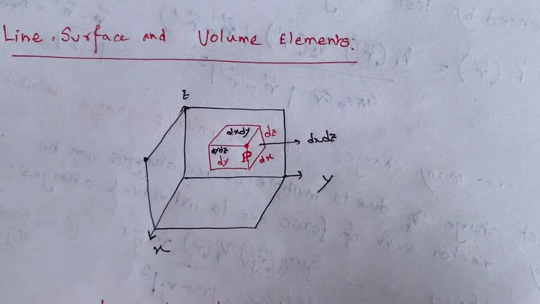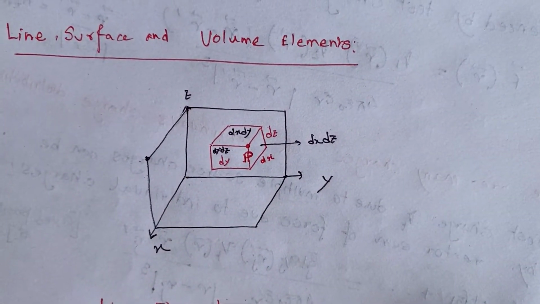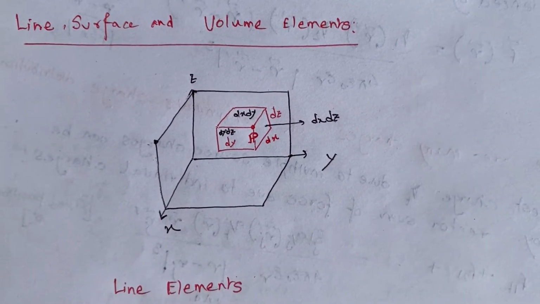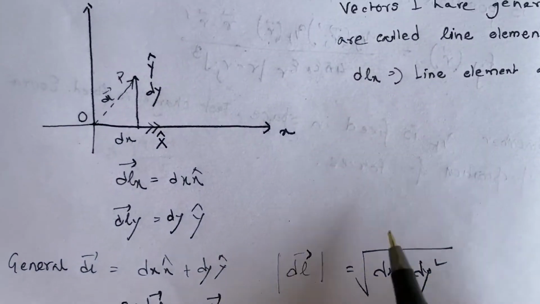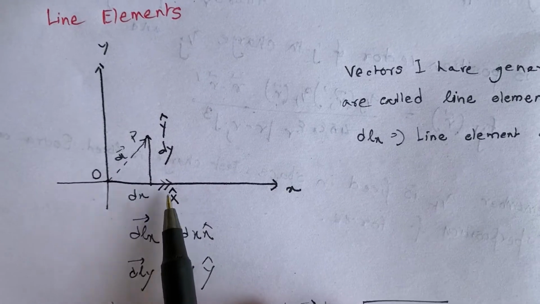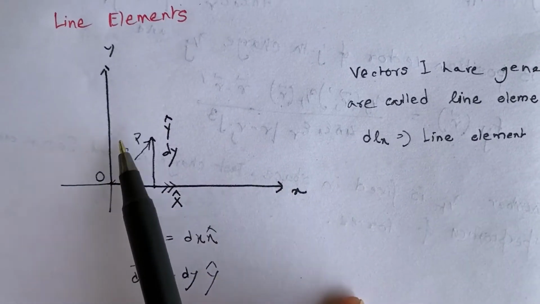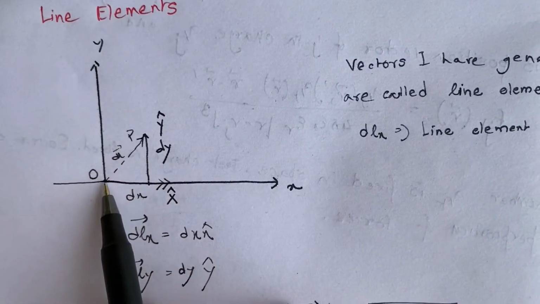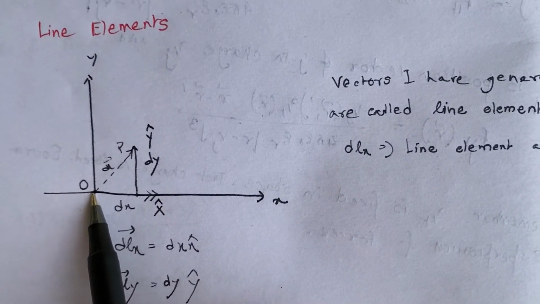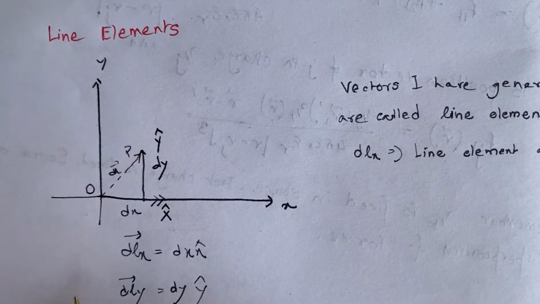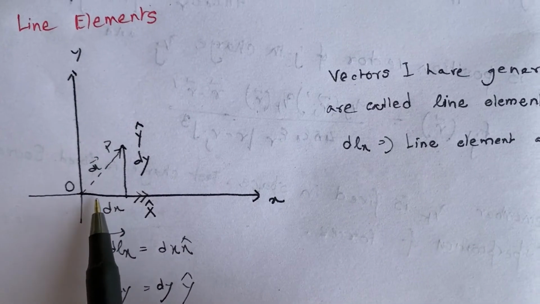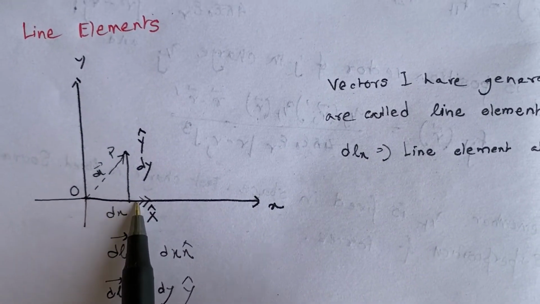Let's have a very brief discussion about line, surface and volume elements. Suppose I have a 2D coordinate system. This is the x direction, this is the y direction. The intersection of these two axes gives us the origin. Let us take this length dx.